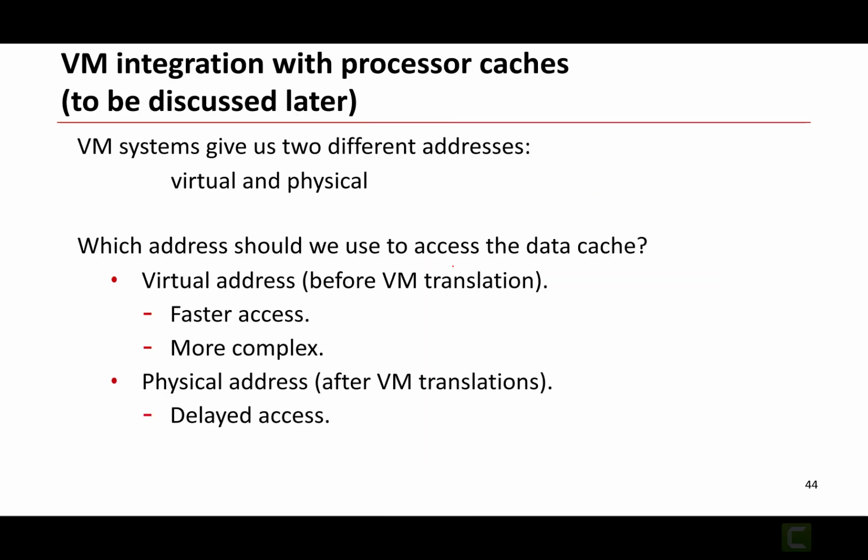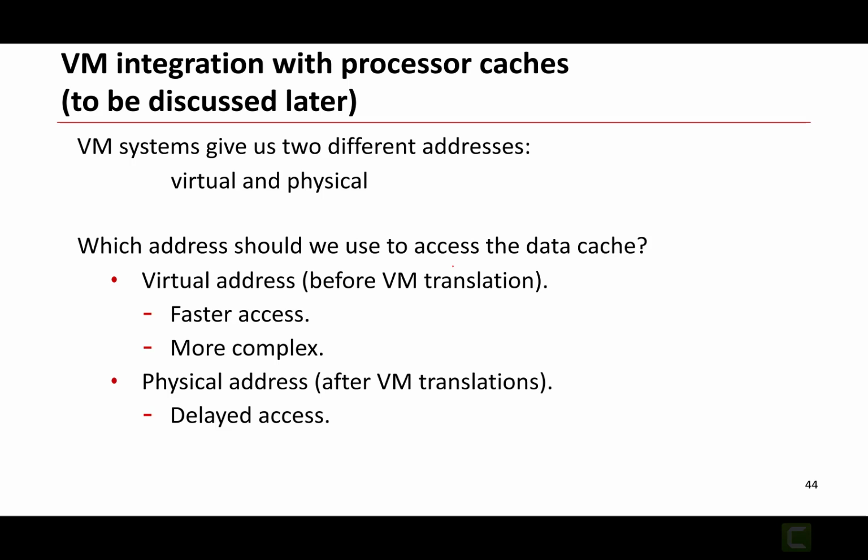So the last topic I want to touch upon for today is to discuss how virtual memory concepts are integrated with the cache design that we talked about before. So the main question is, what address would you use to access cache? When we talked about caches, we just assumed we'll always use the address generated by the load or store instruction, and that is a virtual address.